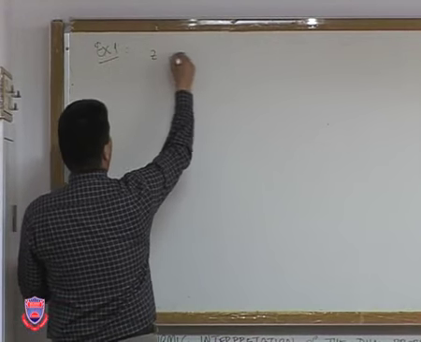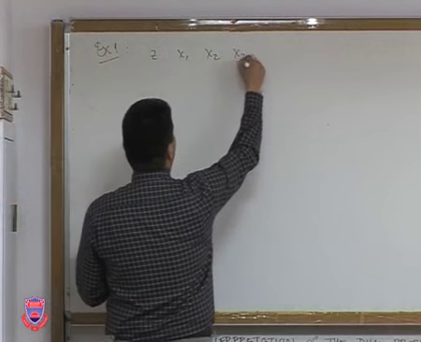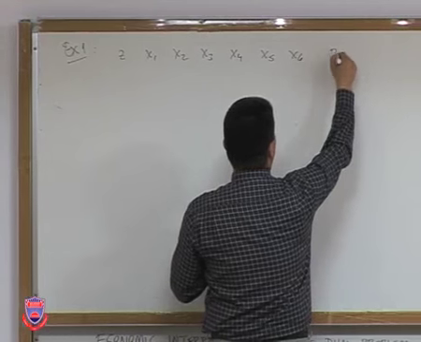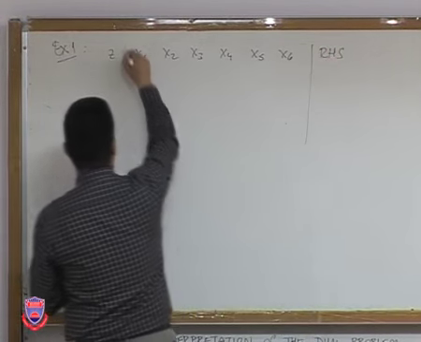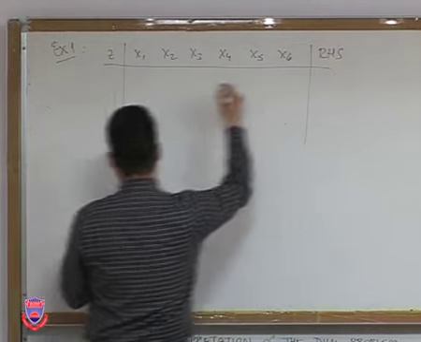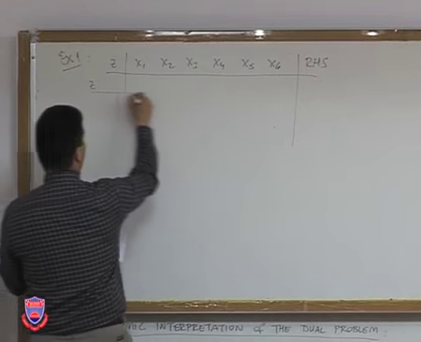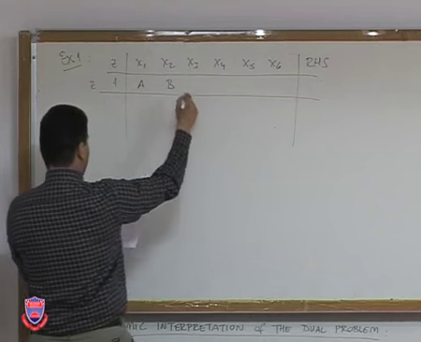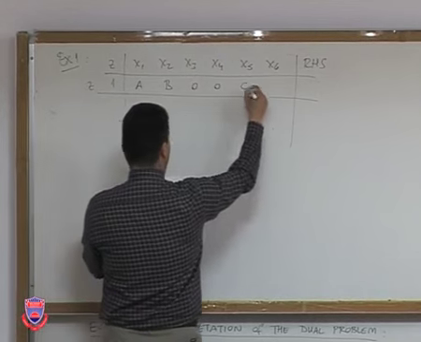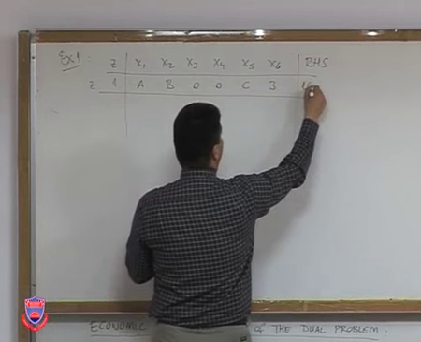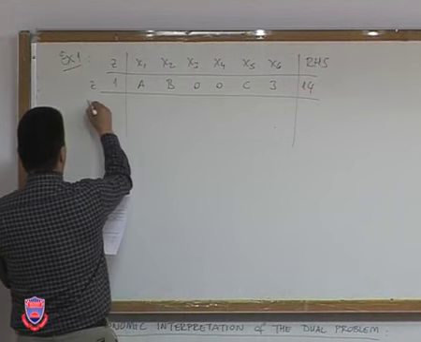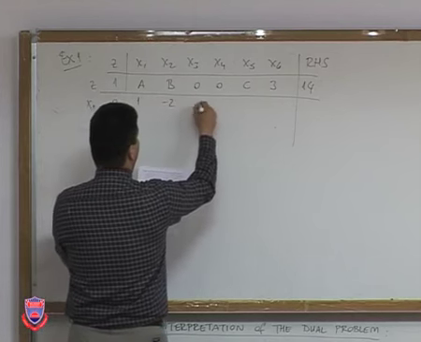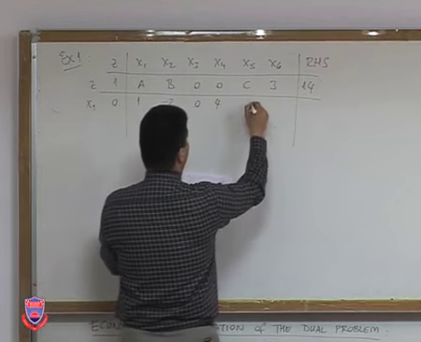So suppose that we have the following simplex tableau. I'm given some numbers and some letters: 0, 0, C, 3 and 14. Then I have x1 here, so 0, 1, minus 2, 0, 4, 0, 3, 1.